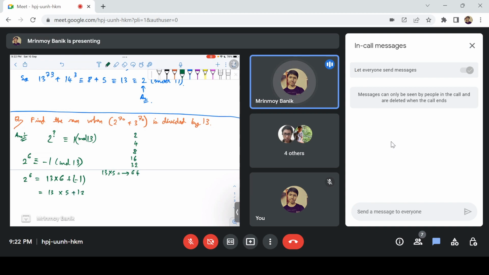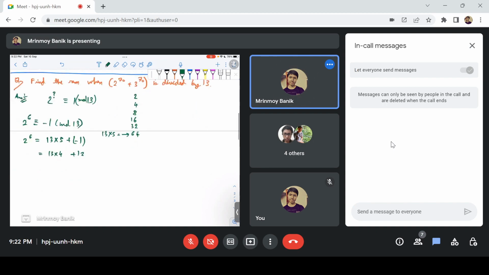No, no, sorry, this one is 5. This one is 4. Right, so the remainder is either minus 1 or 12, whichever you prefer to write it as. In our case, we are trying to simplify the expression, so we will use the minus 1.